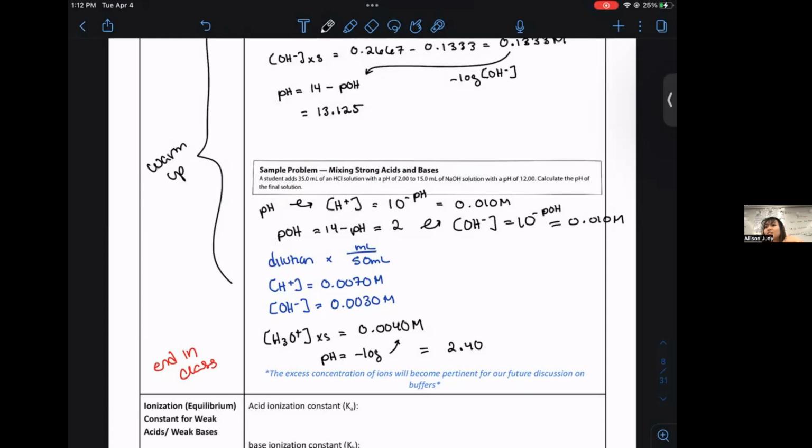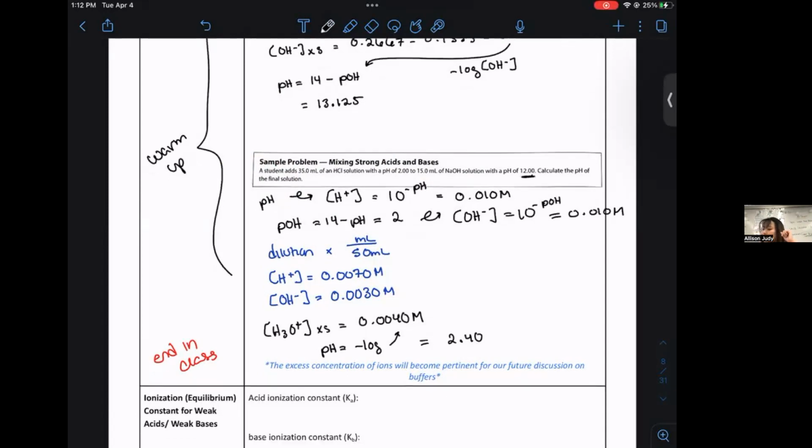But if it's 14 minus pH, isn't it pH 2? No, because it's 12 for pH. So 14 minus pH is 12, according to the problem, minus 12. So then it's 2. Oh, okay.